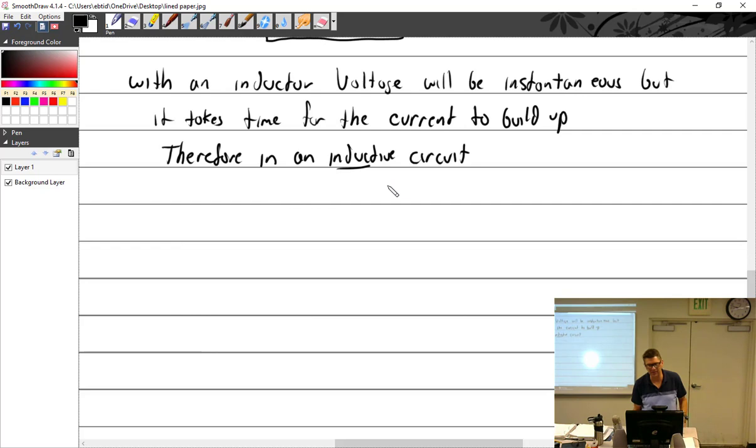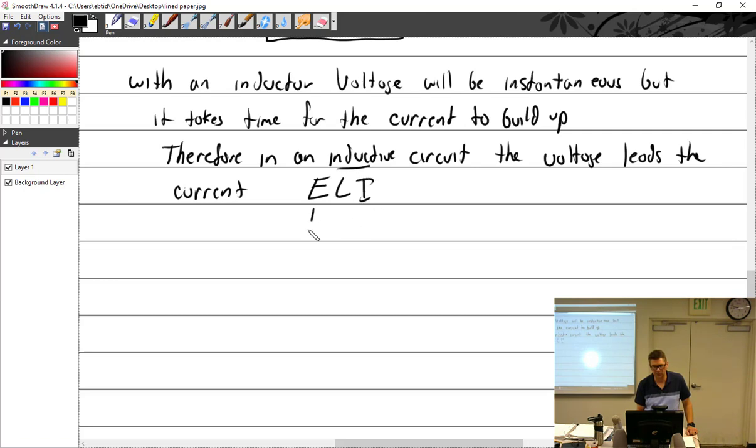So in a circuit that has more inductors than anything else, the voltage leads the current, which is ELI. The voltage leads the current. Current is behind.